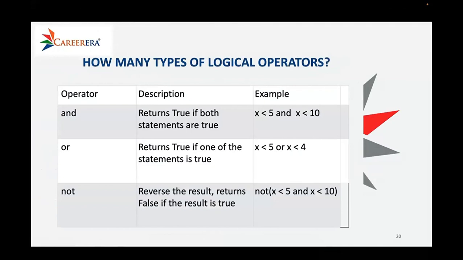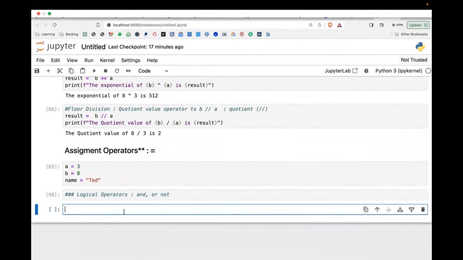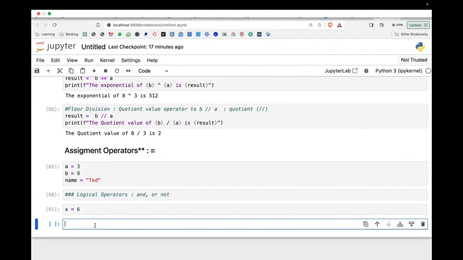I do not want to go through the slides, I will just show you here. Suppose I have a variable called X, which has the value 6. Any problem with this? I don't think so. Now I am writing a statement: if X is greater than 10, what would it be, true or false?